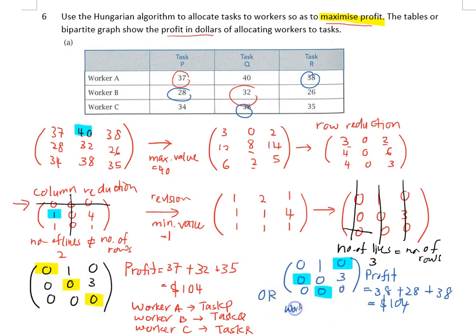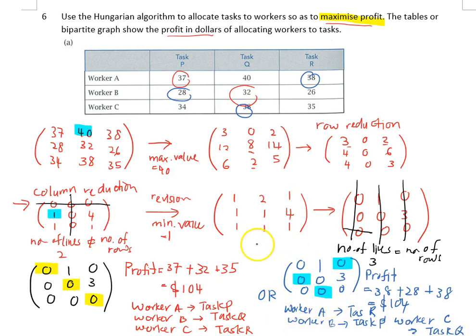Either you can assign worker A to task R, or worker B to task P, or you can assign worker C to task Q. So both answers are correct.